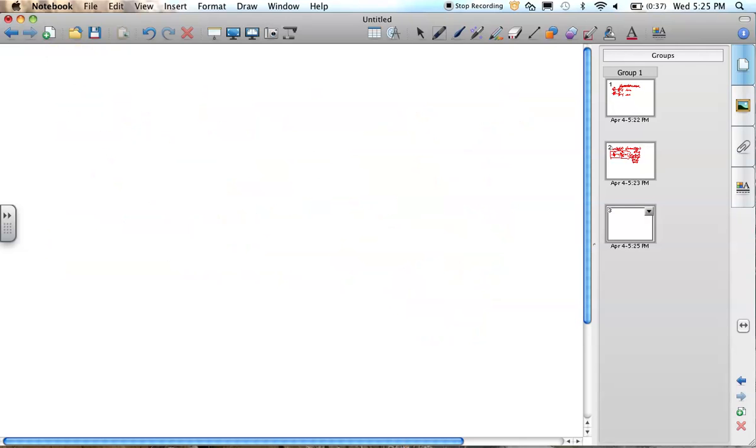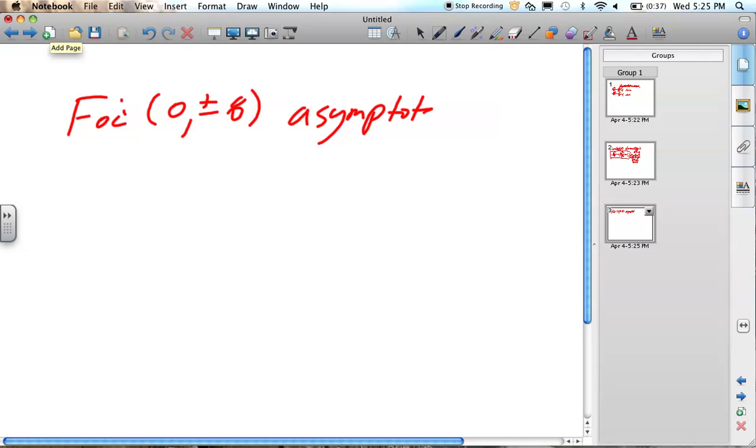4. Okay, on this next one, it looks like it's a lot worse than it really is. They give you foci at 0, plus or minus 8, and your asymptotes y equals plus or minus 1/2 x.